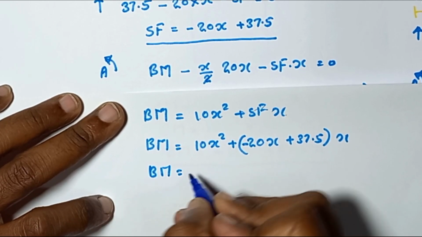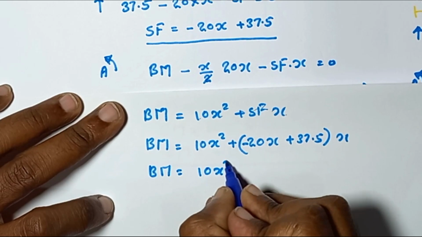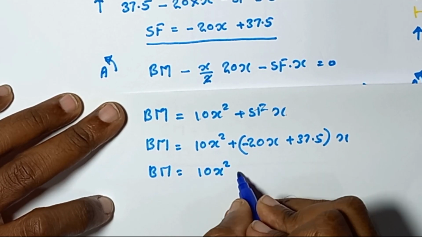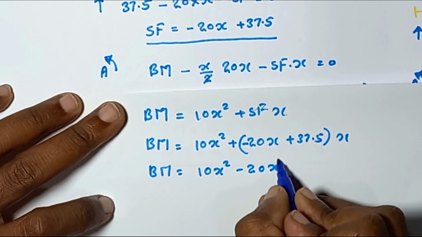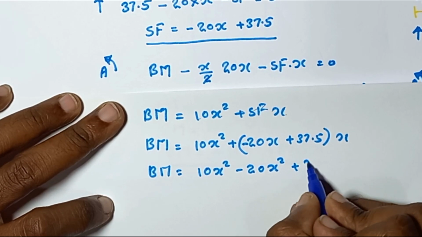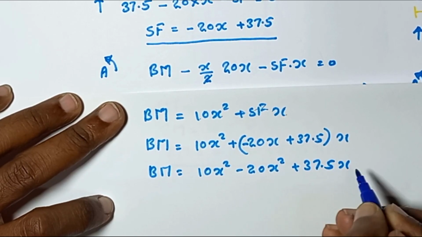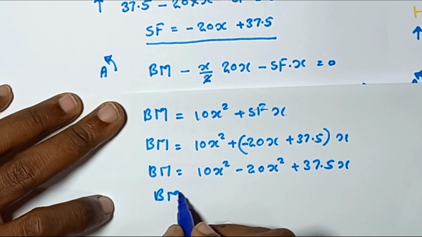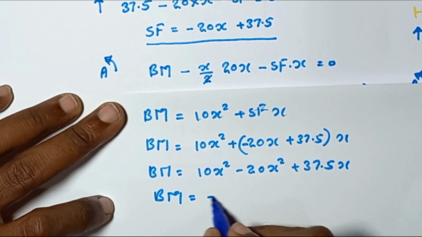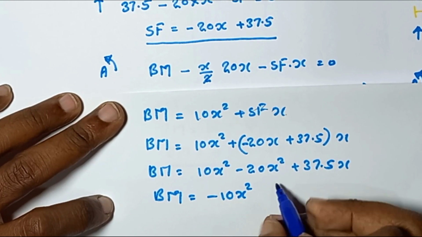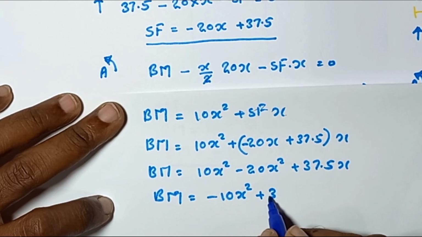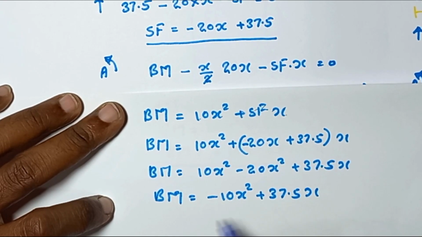Bending moment is equal to 10x square minus 20x square plus 37.5 into x. Finally the bending moment is equal to minus 10x square plus 37.5 into x.